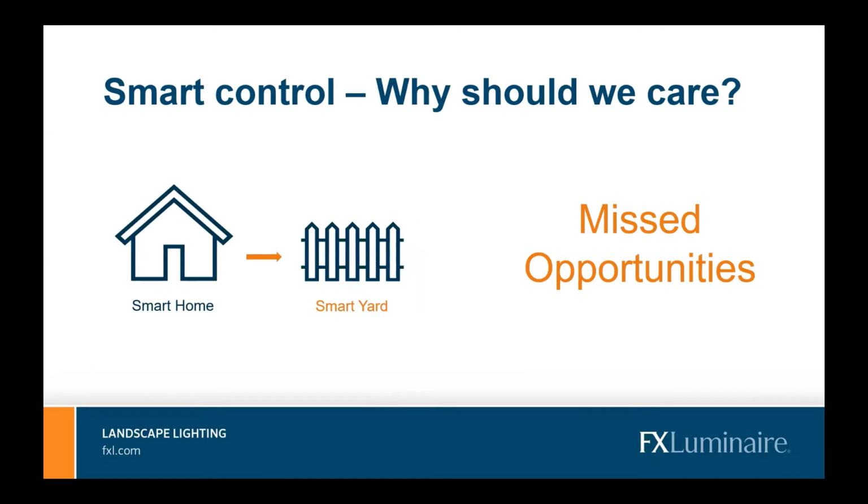So what they're starting to see is not only smart home, but smart yard. Obviously, all of us deal with the outdoors. We deal with the yard. So every time one of these smart controlled device manufacturers comes to the outdoors, we are missing out on opportunities. And when we miss out on opportunities, we miss out on dollars.